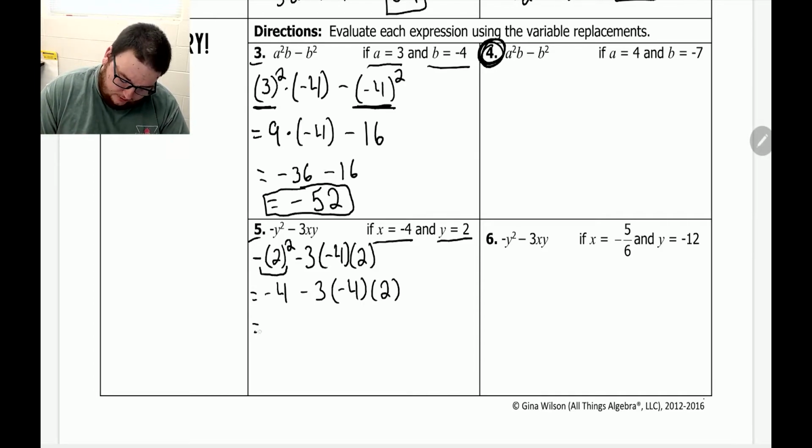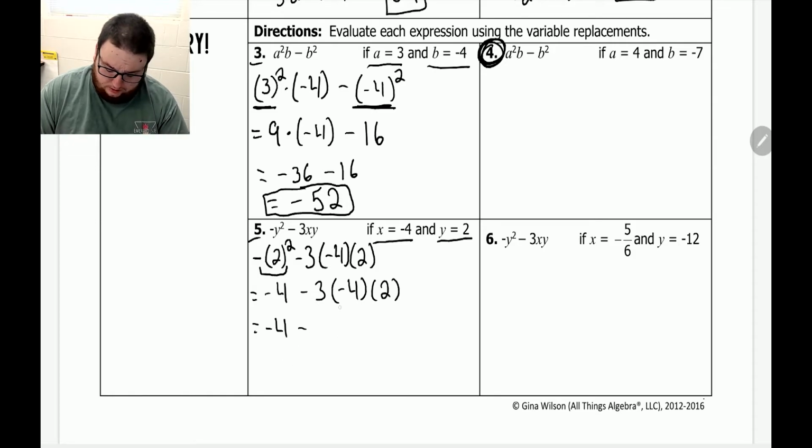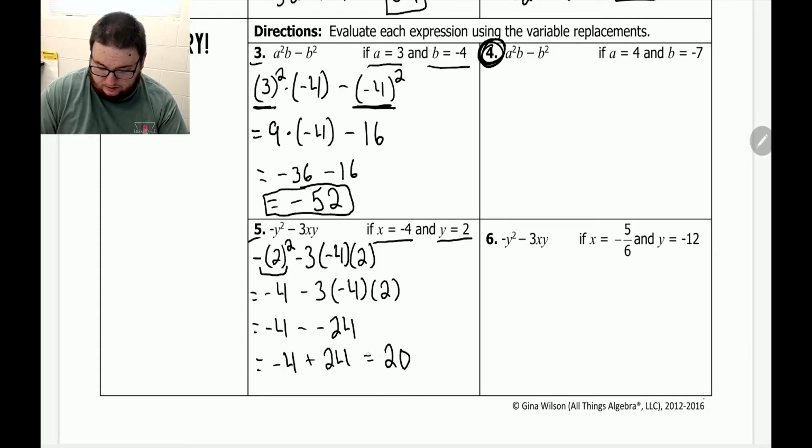Starting on the left, we have 3 times negative 4 gives us a negative 12, and negative 12 multiplied by 2 gives us a negative 24. So again, if we subtract a negative number, we're actually going to add, and negative 4 plus 24 gives us a positive 20, which is our final answer.